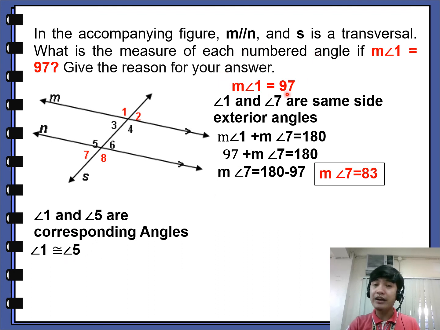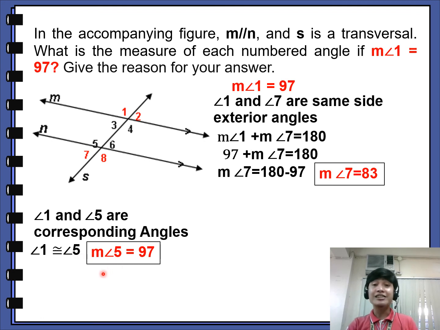Dahil si angle 1 natin kanina ay 97 degrees, it follows that the measurement of angle 5 is also 97. Okay? Next. So, dahil natapos na natin yung mga, meron na measurement si angle 7, meron ng measurement si angle 5. Si angle 1 meron kasi given naman siya. Ang natitira na lang po si angle 3. Okay? Dito sa part na ito.